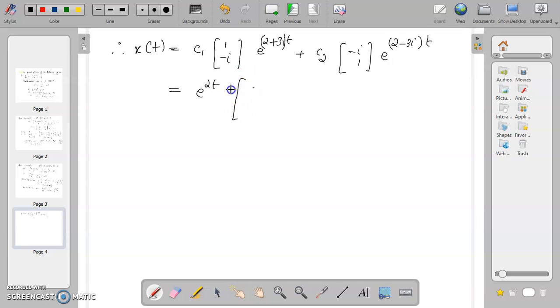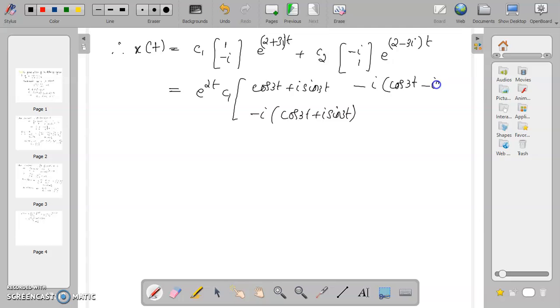So you will get c1 times, here we will get cos 3t plus i sin 3t, then minus i into (cos 3t plus i sin 3t). Then c2 times minus i into (cos 3t minus i sin 3t), then plus 1 into (cos 3t minus i sin 3t).